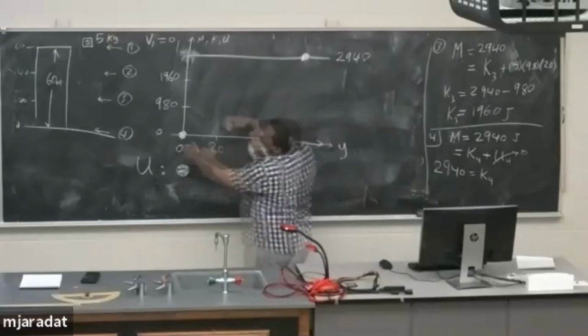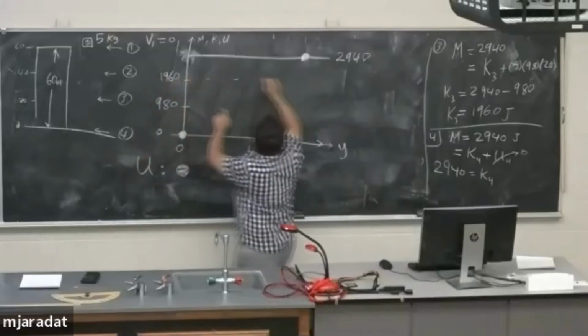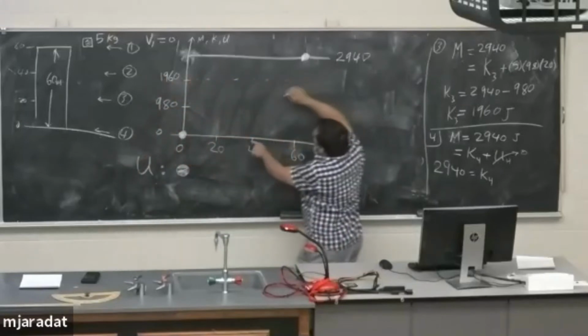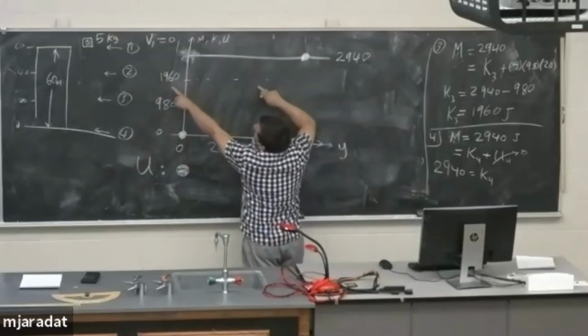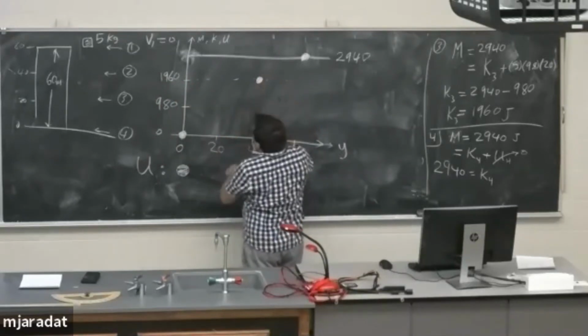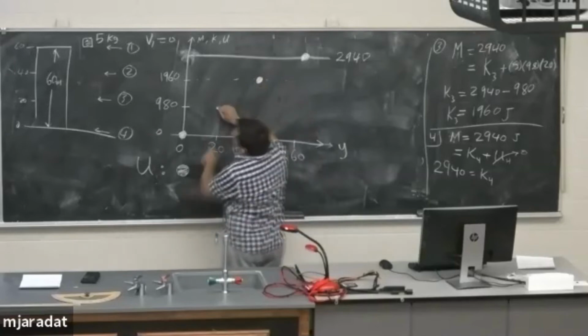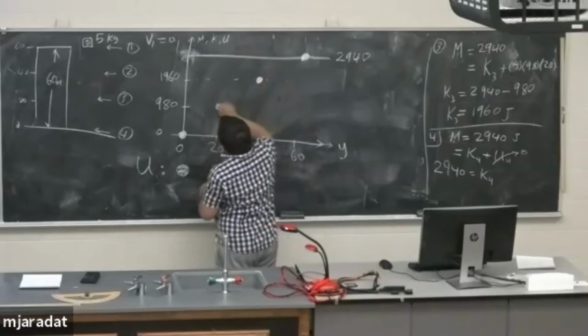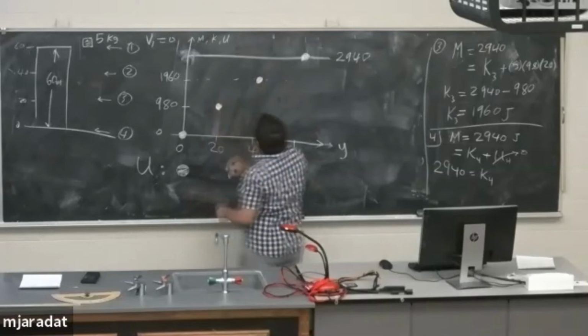At y equal 40, the potential energy is equal to 1,960 at this point. At point 20 meters, potential energy is equal to 980.